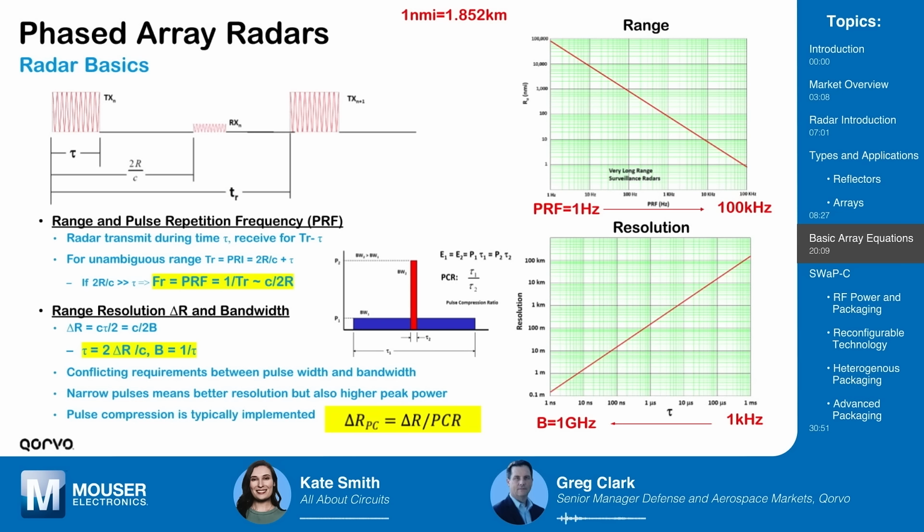The higher resolution, which in the lower right-hand chart of resolution means a lower number on the y-axis, results in a low pulse width. And if you have a low pulse width and a long range, you can result in a high peak power, which becomes a challenge, because now you're trying to figure out how you generate that much power in order to get both range and resolution resolved.